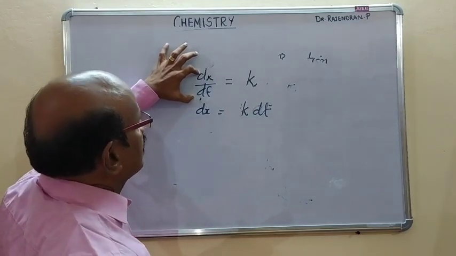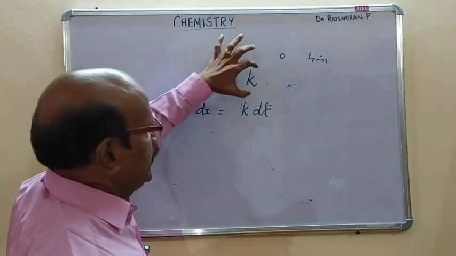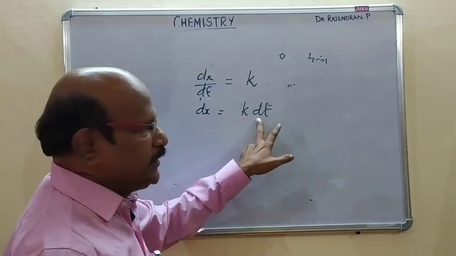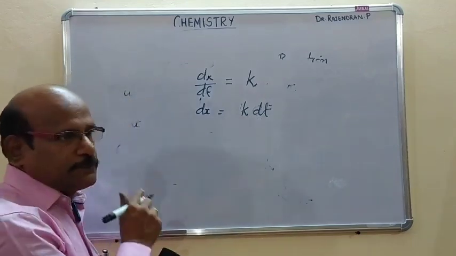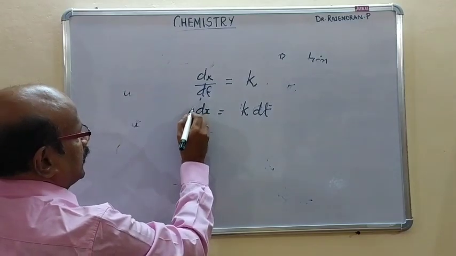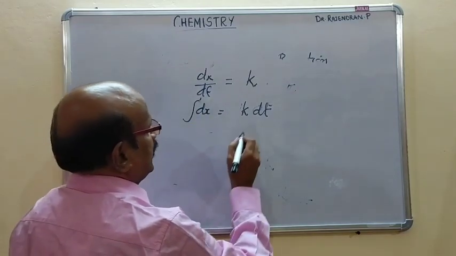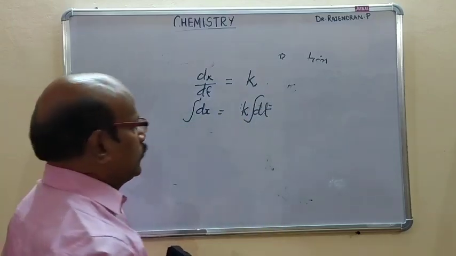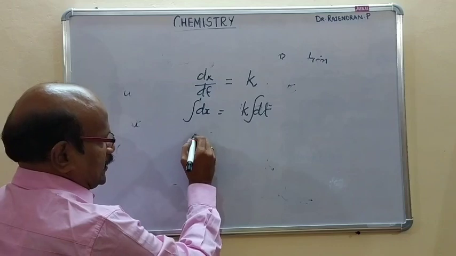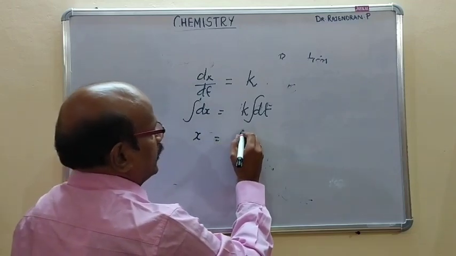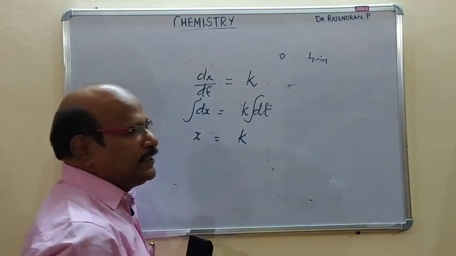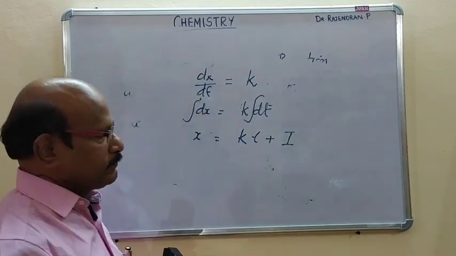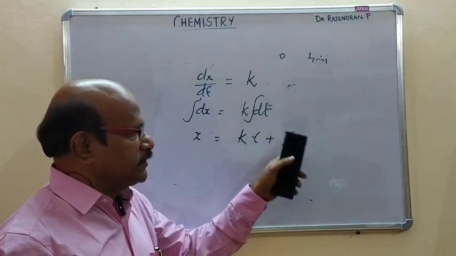Then we integrate this expression: integral of dx is equal to k, taken as a constant, times integral of dt. The answer is x is equal to k into t plus the integration constant I. Now x is equal to kt plus I.